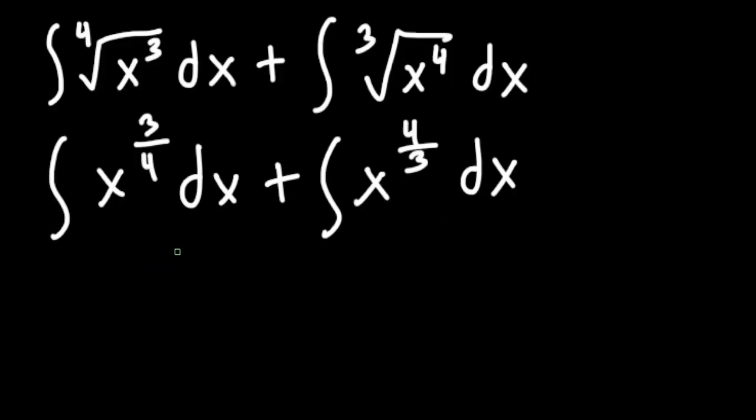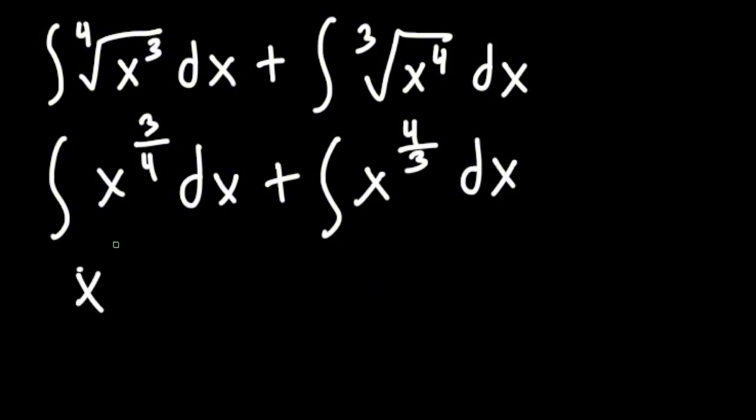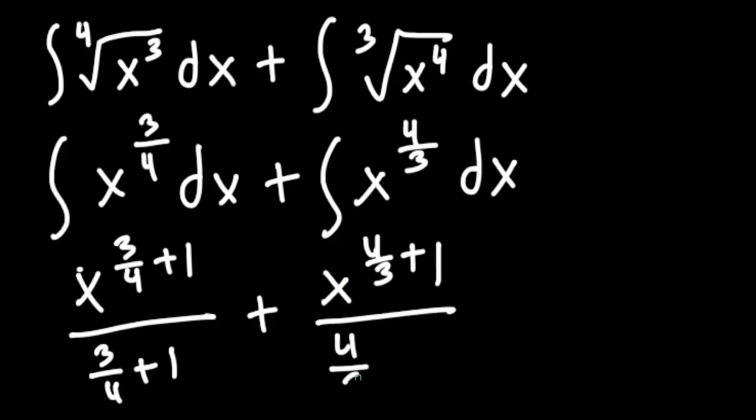dx. The next thing that we need to do is to apply the power rule for integration. Integral of x raised to n dx equals x raised to n plus 1 over n plus 1. So x raised to 3 fourths plus 1 over 3 fourths plus 1, plus x raised to 4 thirds plus 1 over 4 thirds plus 1, and plus c.